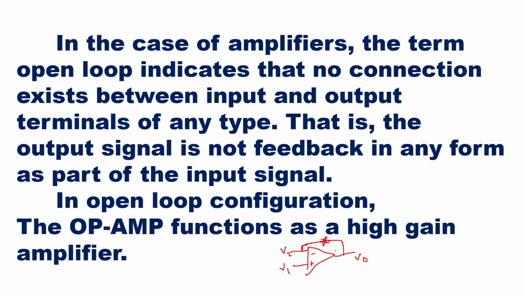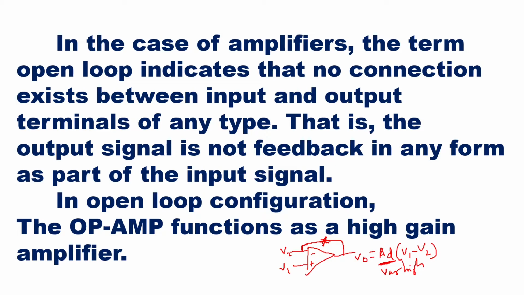If you see the output here, the output voltage will be the gain multiplied by the difference of the two input voltages. This gain will be very high for an open loop configuration of the op-amp.